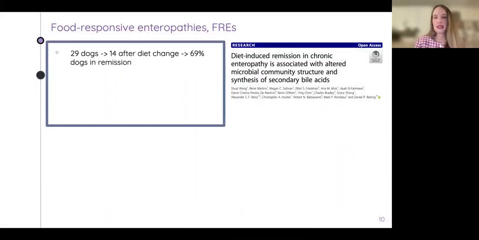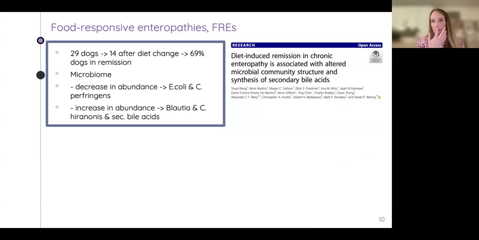So let's look at this study that I think is quite nice. It shows really what changes when it comes to remission caused by diet. So when we have a food responsive enteropathy and your dog is in a remission state, they basically evaluated what changes, what is different from the starting point to the dogs that are now controlled and in remission.